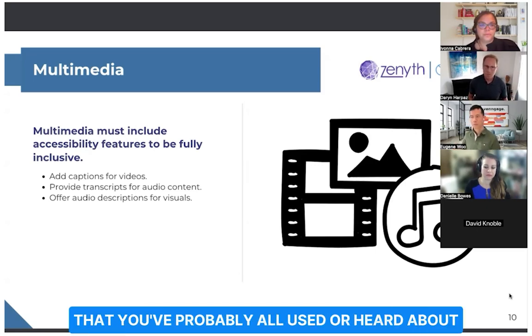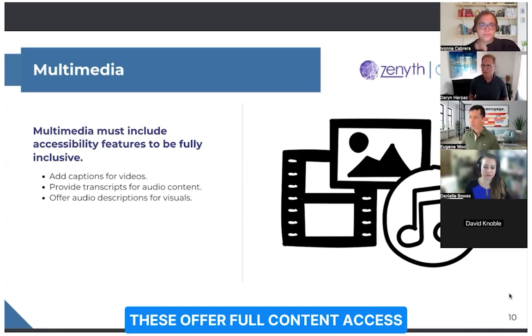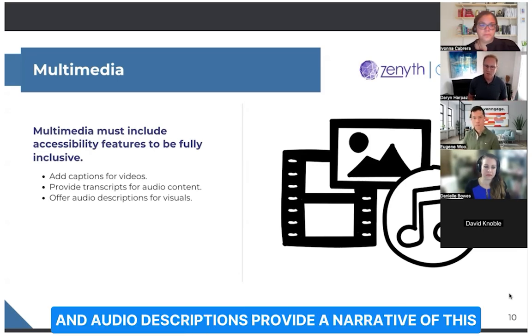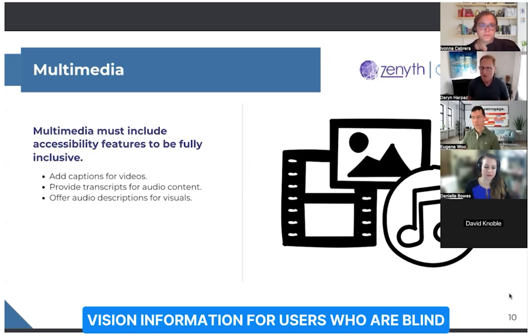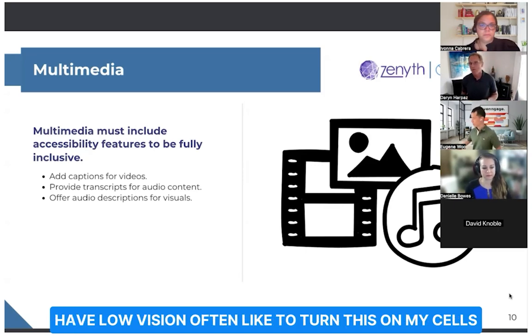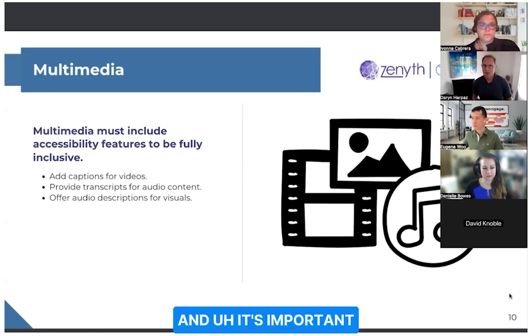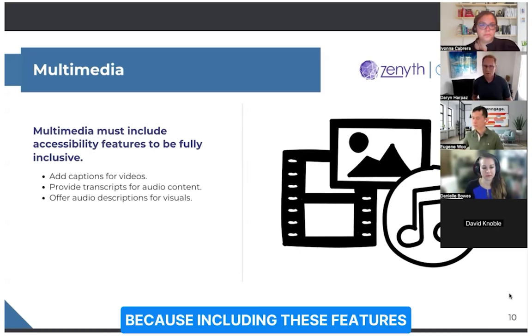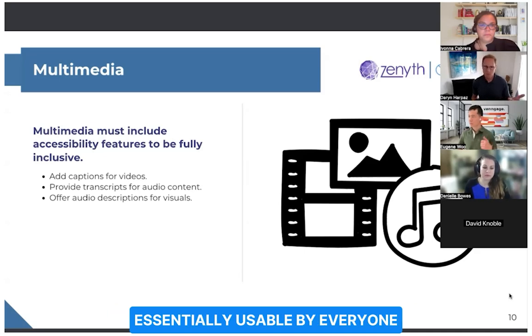Descriptive transcripts, which you've probably all used or heard about, offer full content access for audio and visuals for the deaf-blind. And audio descriptions provide a narrative of visual information for users who are blind or have low vision. I often like to turn these on myself. It's important because including these features ensures your multimedia content is usable by everyone.